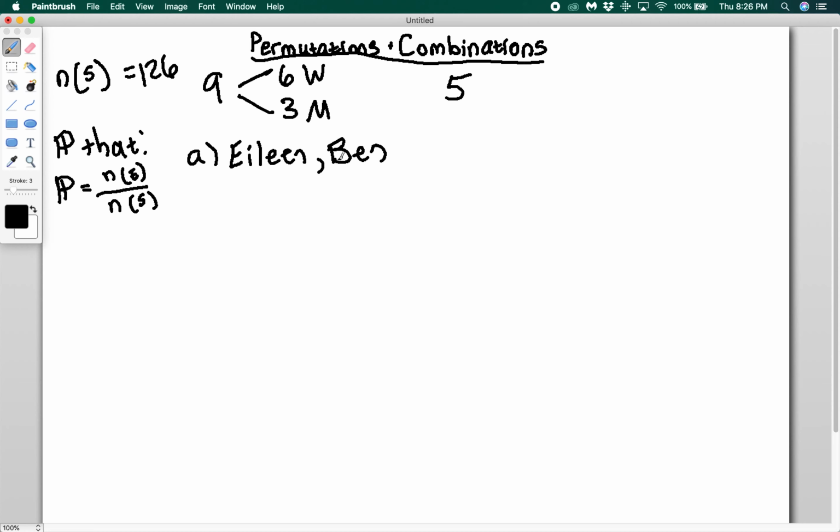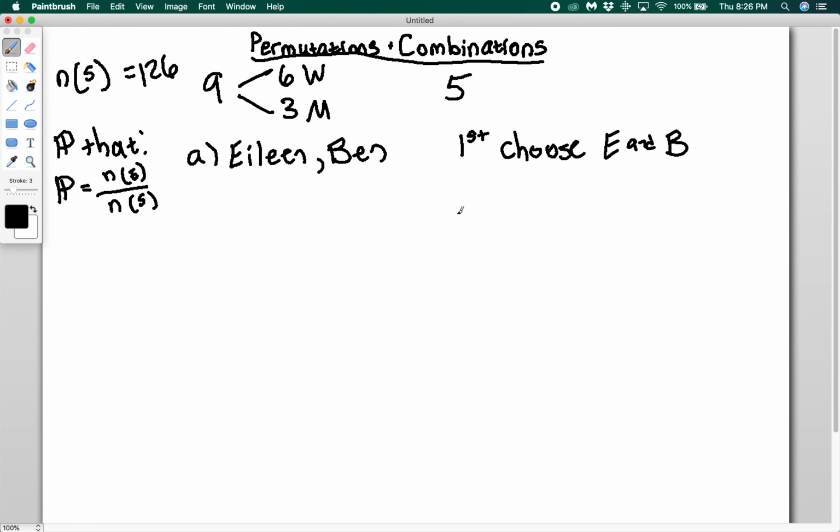So first, we're just going to say, how many committees exist with Aileen and Ben on them? I'm first choosing Aileen and Ben. And once I have them on my committee, I only have 3 slots left, right?